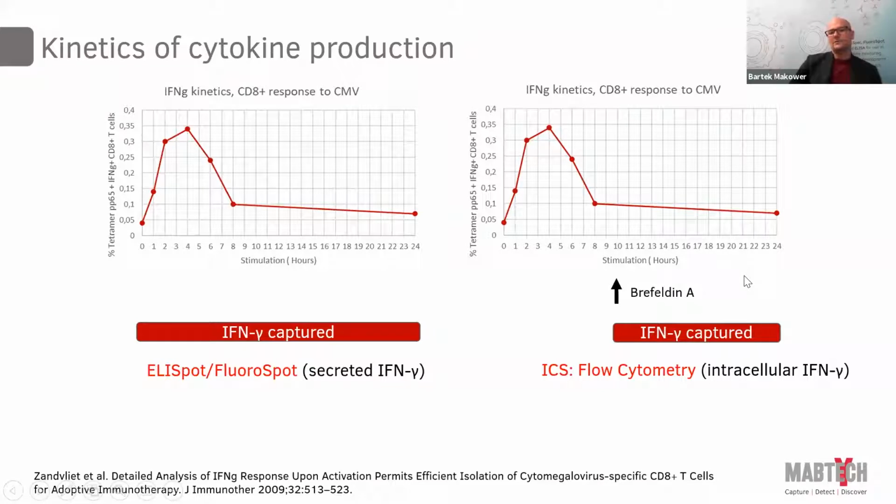So this is a problem, especially looking at several cytokines simultaneously in flow cytometry, which is possible. But then the kinetics of each cytokine has to be studied, and you have to find some kind of middle way when to stop to capture the maximum amount of each cytokine.